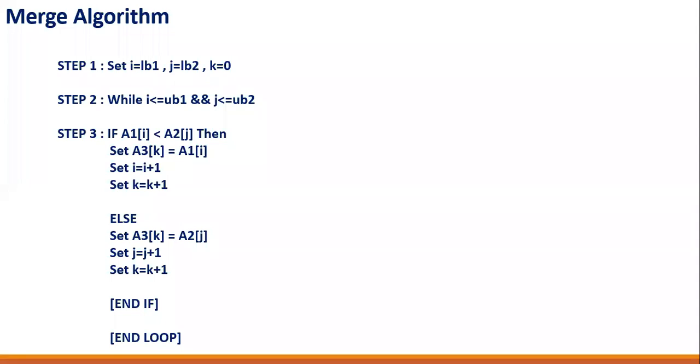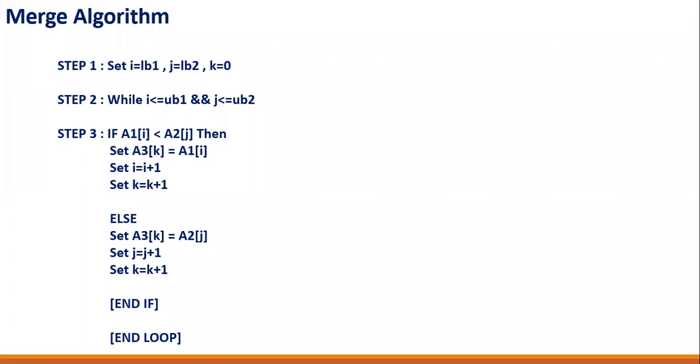While I is less than or equals to upper bound 1, which means I is the lower bound and I have to go till the upper bound. So it will go till it is less than or equals to upper bound, and J also will go till the upper bound too. What is I representing? Lower bound of the first array.